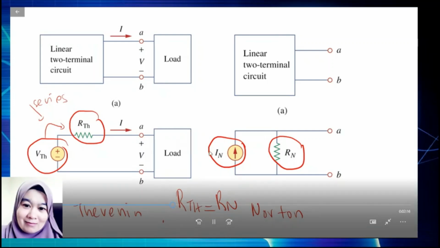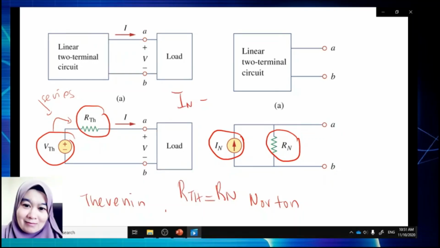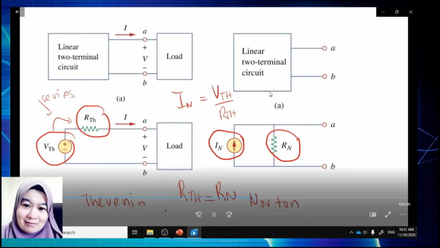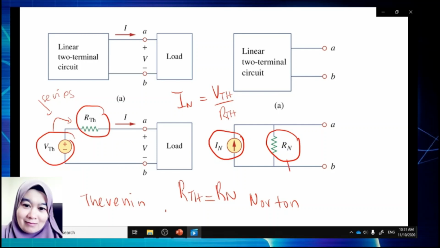Okay, how do you get the IN? IN is just by using Ohm's law. So IN equals VTH over RTH. After you calculate this, you can write it in the equation.